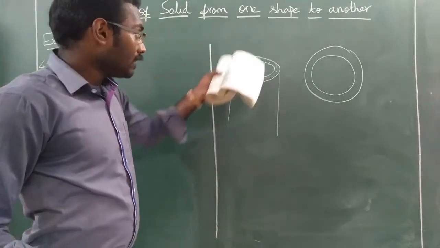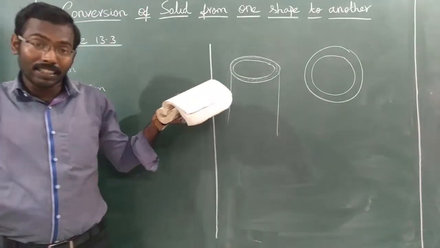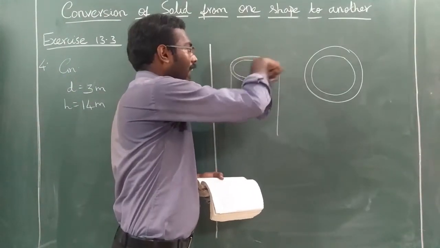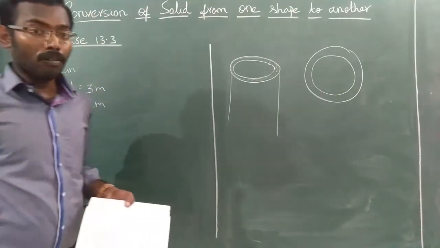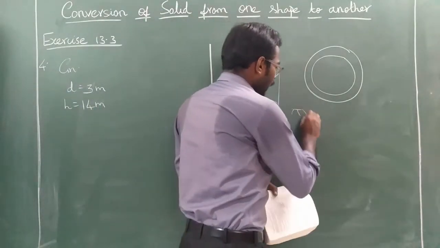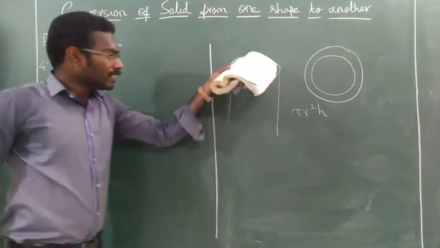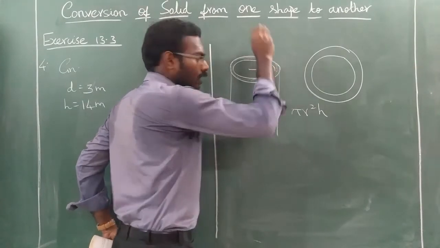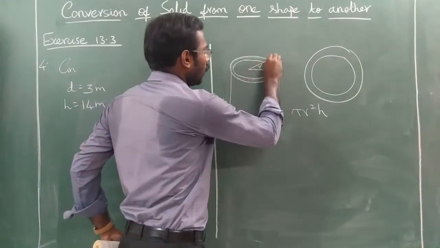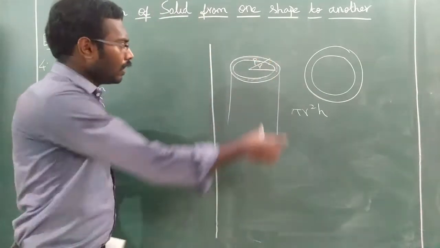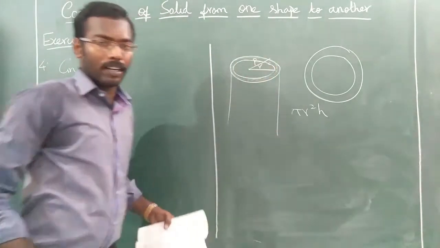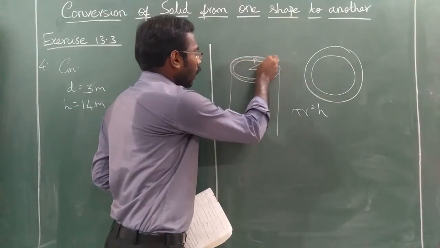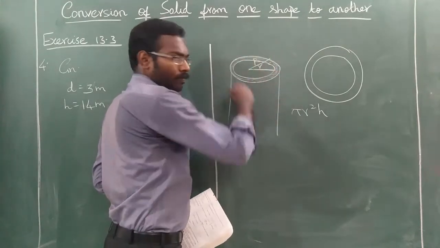That is, circular ring can also be considered as a hollow cylinder. Hollow cylinder, outside one cylinder is there and inside another one cylinder is there. You know the volume of the cylinder formula is normal cylinder is pi r square h. But when circular ring or hollow cylinder comes, the inner cylinder radius is small r and the outer one capital R. Understood or not? The inner one is small r, the outer one is capital R. Therefore, you want to find the embankment. The volume of the embankment means only this much. Like this.